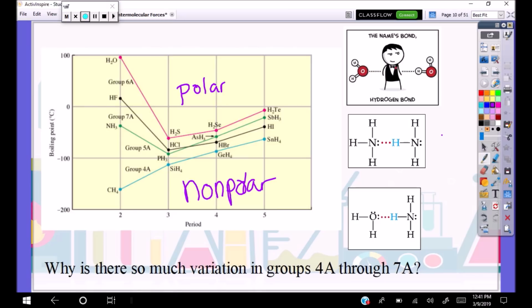Now, if you're also looking at HF, H2O, and NH3, they are much higher than the rest of their neighbors here. And again, that's because these particular ones experience hydrogen bonding, which is much stronger than a typical dipole force, which you might see in HCl or H2S.